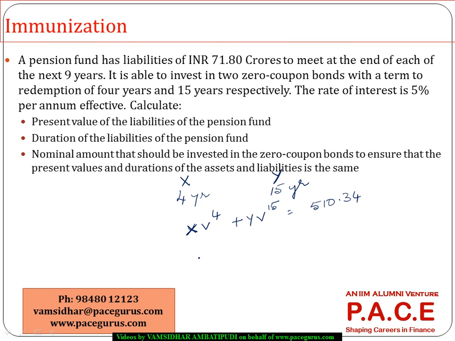The duration of the asset, if I say (4x v^4 + 15y v^15) divided by (x v^4 + y v^15), this is the duration of the assets. Sorry, this is the duration of the assets.